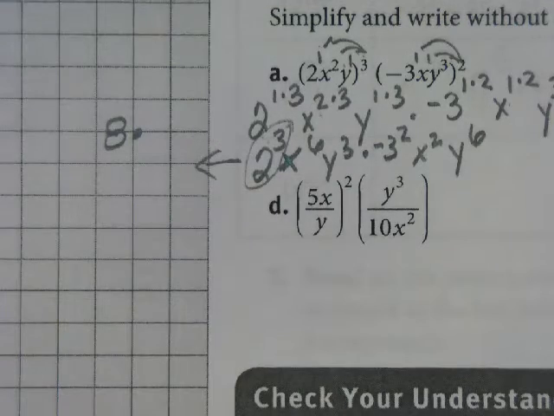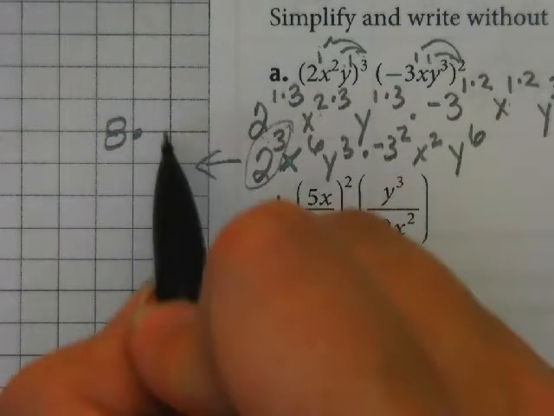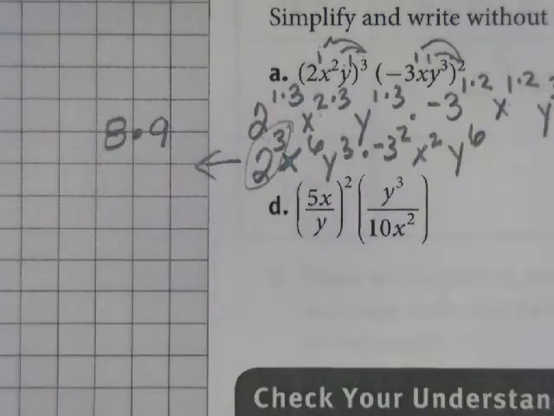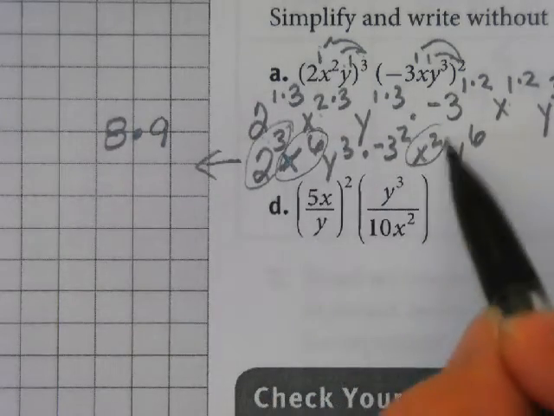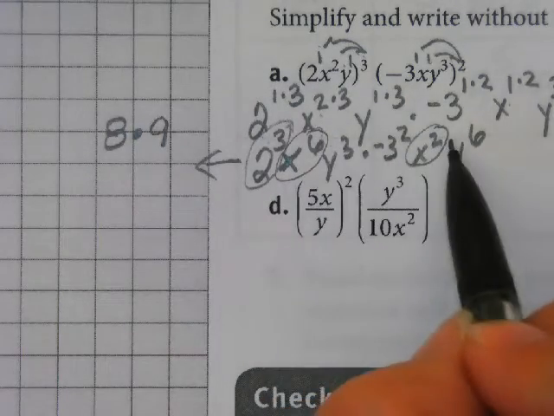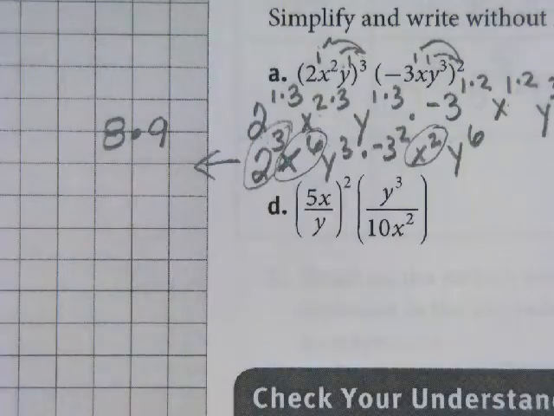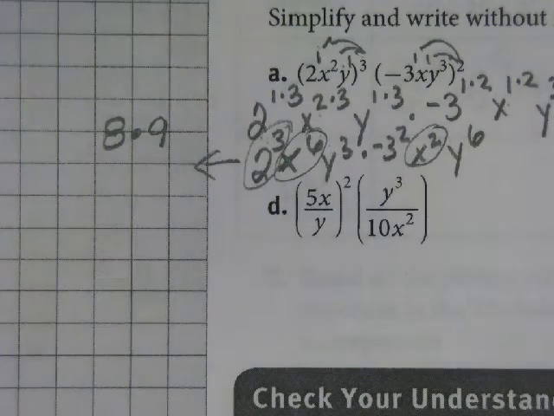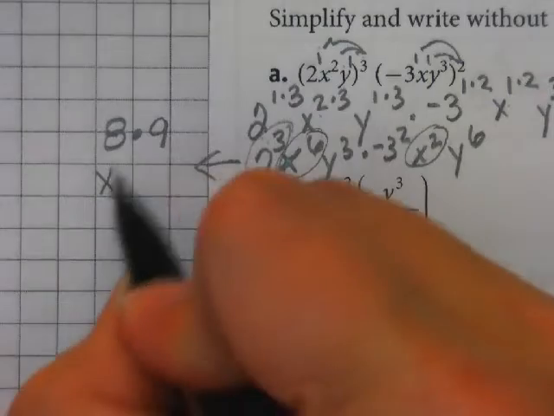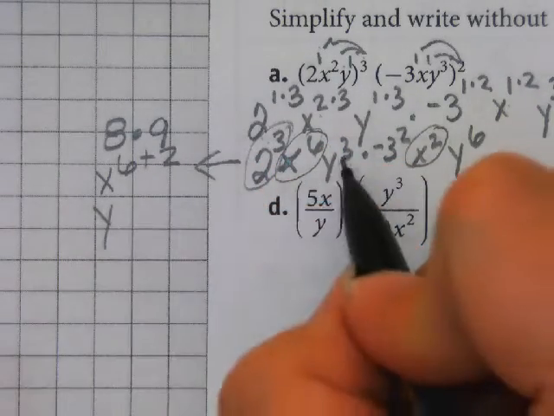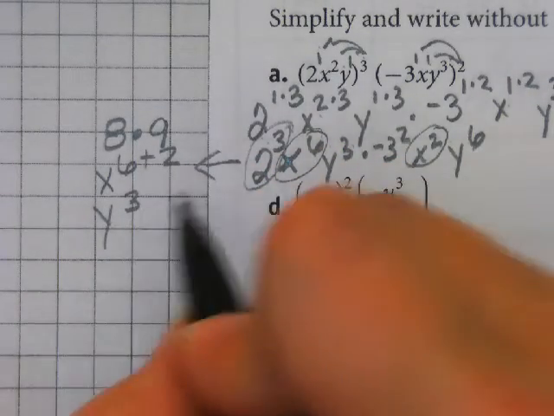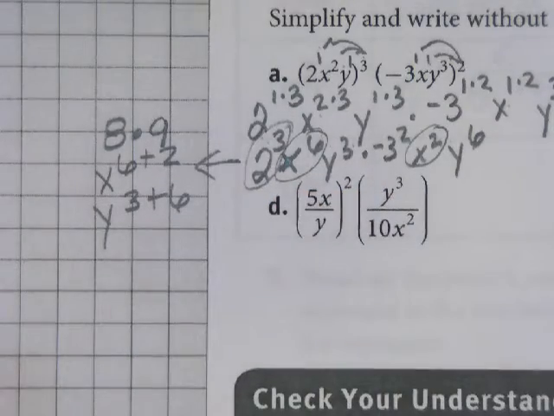A negative times a negative is a positive 9. And then look, I have like bases here, and I'm multiplying. What did we learn yesterday? When we have like bases and we multiply, we have to add. So this becomes x to the 6 plus 2, y to the 3 plus 6.